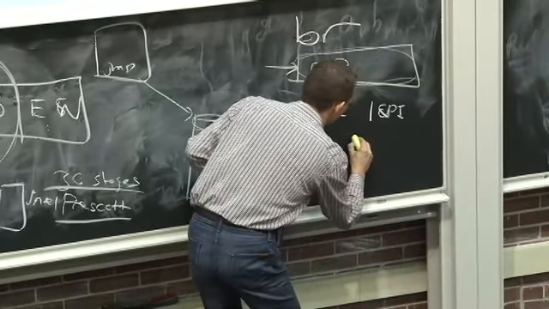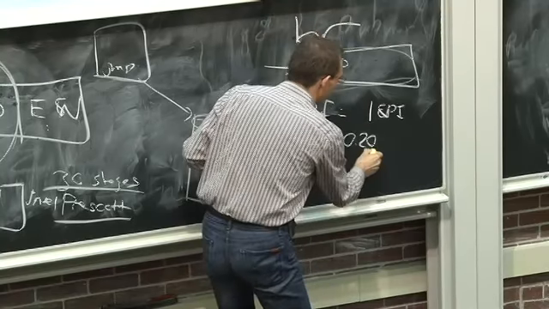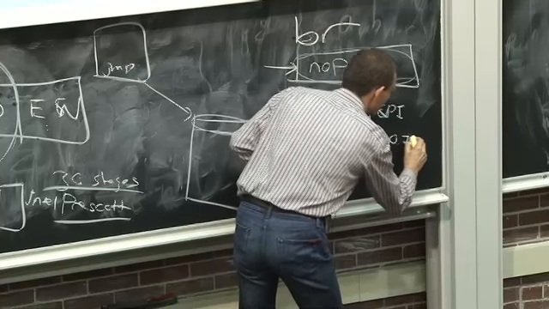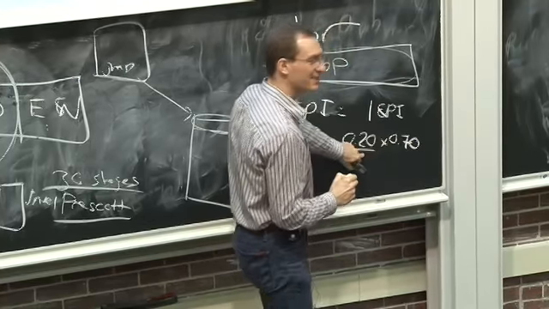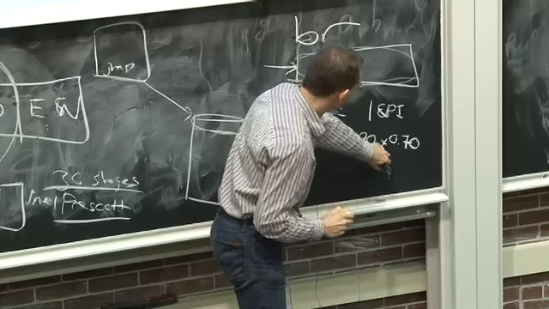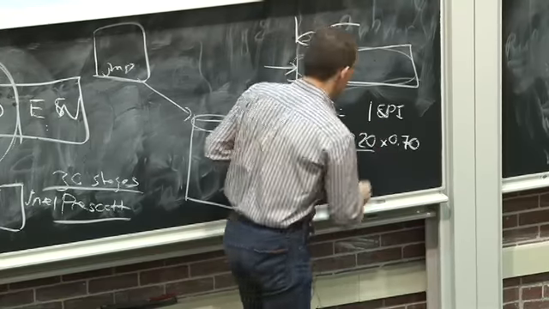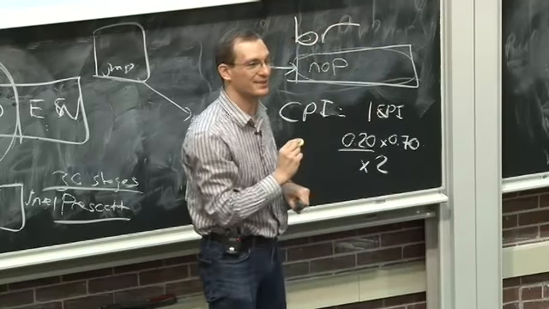Well, 20% of the time, you have a branch, and 70% of those branches are taken, right? Which means that you mispredict, I guess this is 14% of all instructions. And when you mispredict, you pay a 2-cycle penalty. Right?